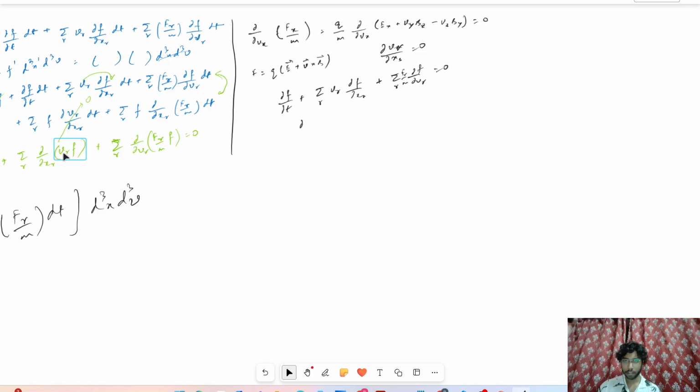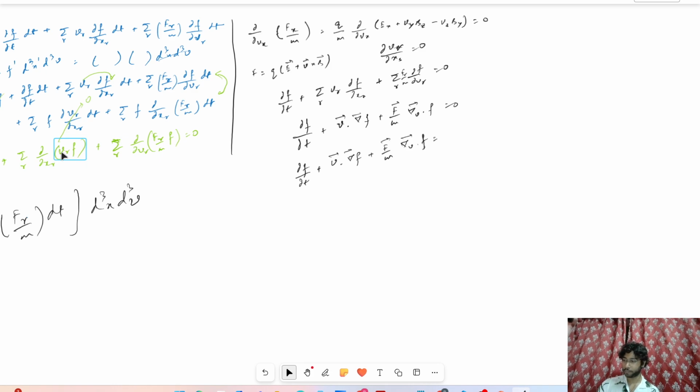And finally, if we write it in vector form, this will be F by m dot del v of f equals 0. Now this is the actual Boltzmann equation in the absence of any collisions. If we have some collisions, we will later see how we can formally write collisions in an MHD framework.